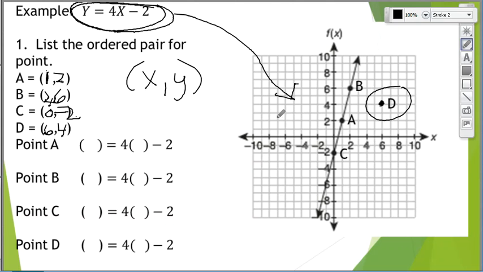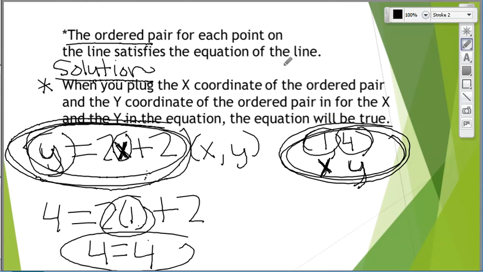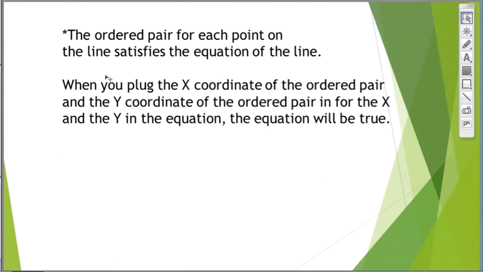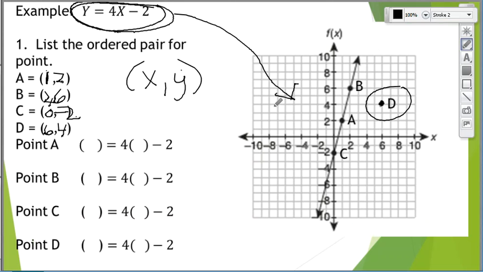Okay, now in the beginning, I talked to you about the fact that when you plug the x-coordinate of the ordered pair and the y-coordinate of the ordered pair in for the x and the y in the equation, the equation will be true. So let's check that with the information that we have.